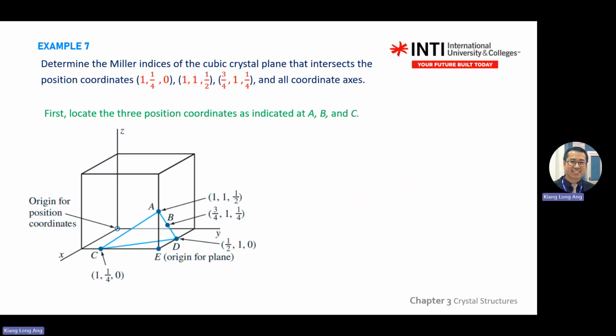So you are given the 3 coordinates. You locate A, B, C first from the question. Then you need to find D. Now, how to find D? In your mathematics, there is an equation where, given 2 known coordinates, you can predict the third coordinate.